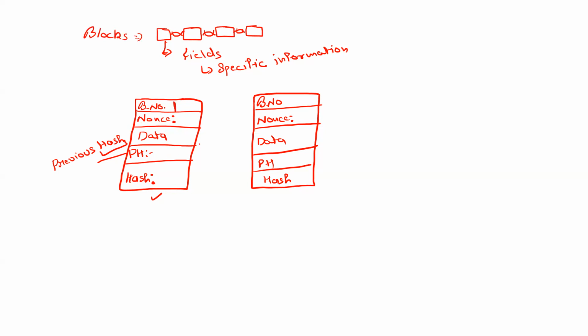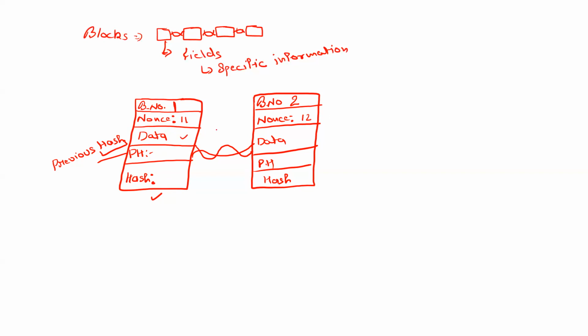Suppose block number 1 has the number 1, and block number 2 has the number 2. These are connected through a chain. With the help of this chain, my 2 blocks are connected with each other. The nonce can have any value like 1, 11, 10, 13, any value, because this nonce is dependent on my hash value.